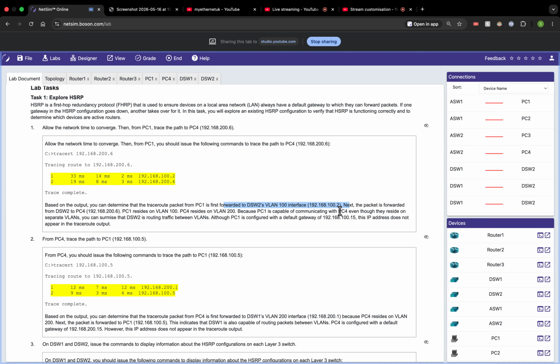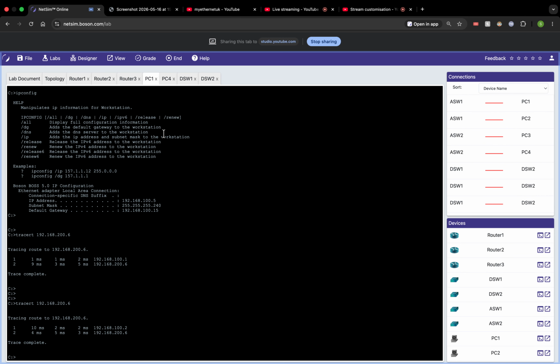If you look at 100.2, you see 100.1, 200.1, 100.2, 200.2.